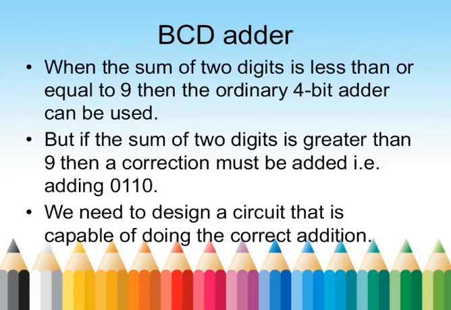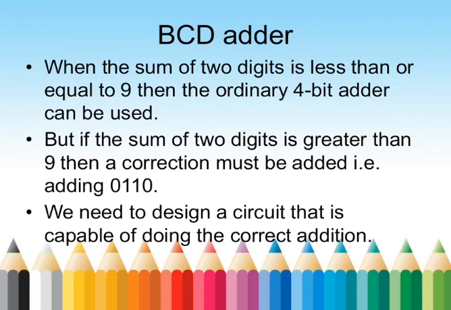To implement a BCD adder, we first require a 4-bit binary adder for initial addition, which is simply a parallel adder circuit. Second, a logic circuit to detect a sum greater than 9, which means the decimal values from 0 to 9 are said to be valid BCDs.